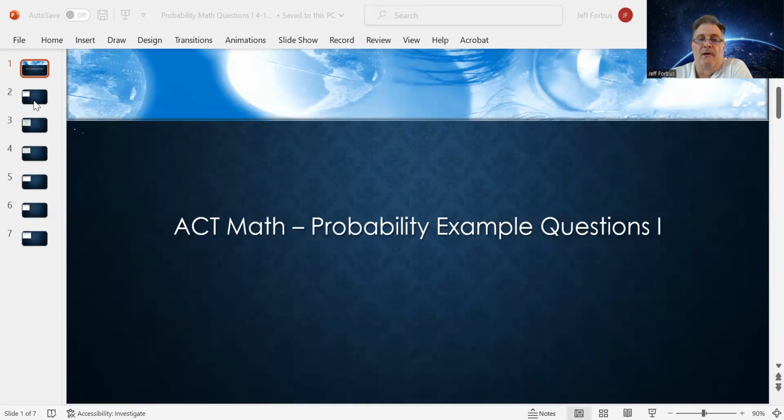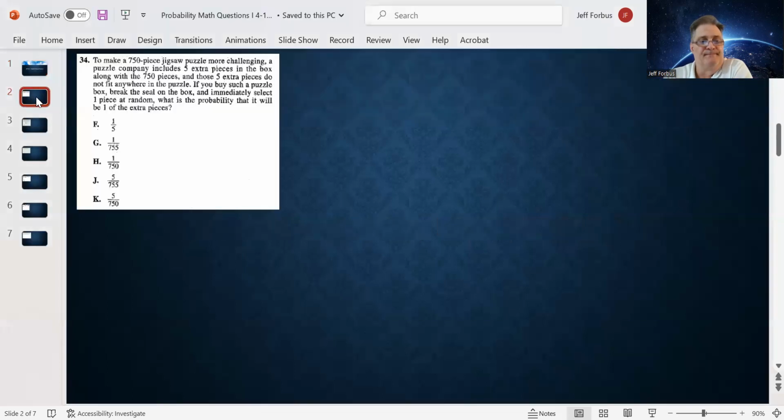Let's get started. Question number 1. So question number 1, we have a 750 piece jigsaw puzzle. And that puzzle contains 5 extra pieces in the box that don't fit the puzzle.